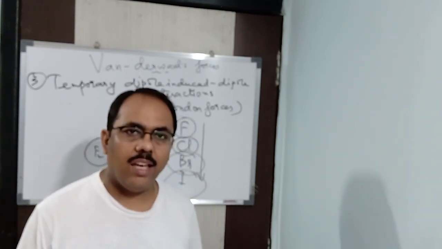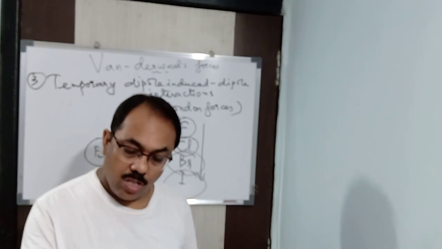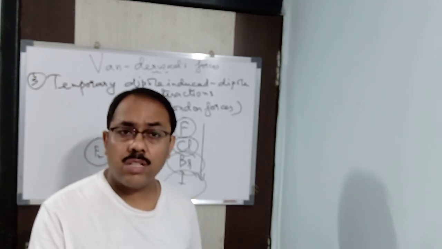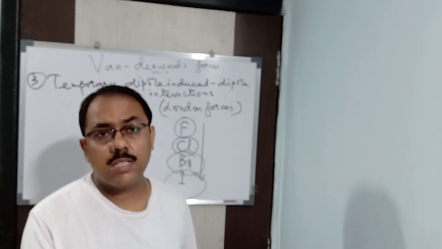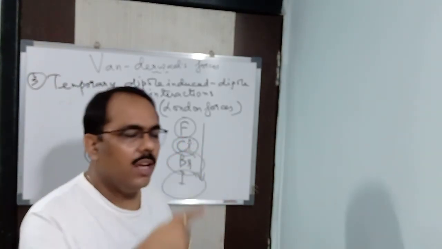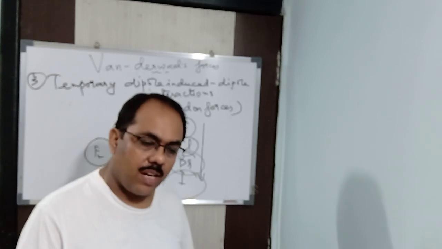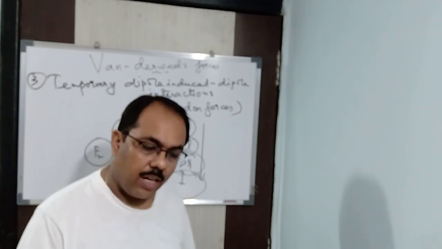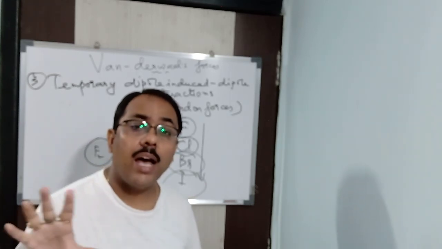I say, when they are brought closer, two neon atoms, what happens? Van der Waals forces result between them, the London forces which I explained just now. And hence, when they are brought closer to each other, they get liquefied under low temperature and high pressure.